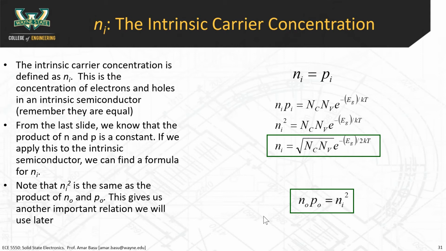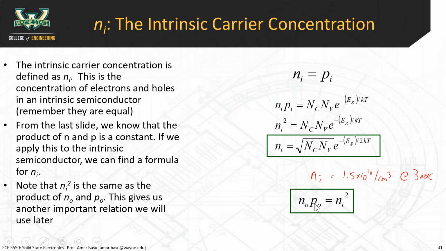And by the way, Ni for silicon is approximately equal to 1.5 times 10 to the 10 per centimeter cubed at 300 Kelvin. This is on a separate slide also, but just know that Ni is a constant. So if you know what Ni is and you know what your N is, then you can figure out what your P is.